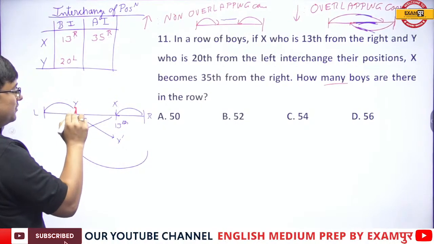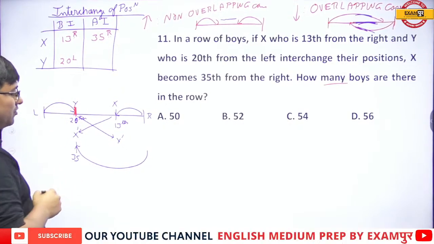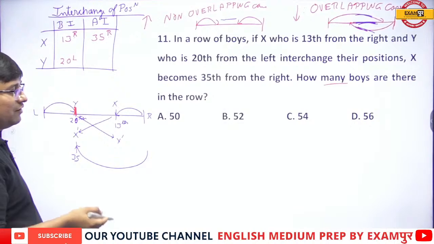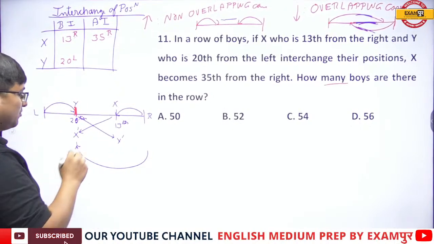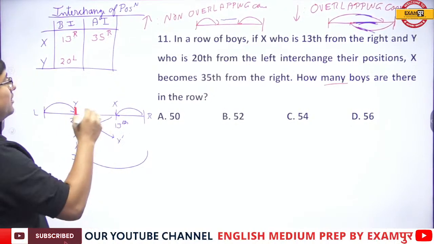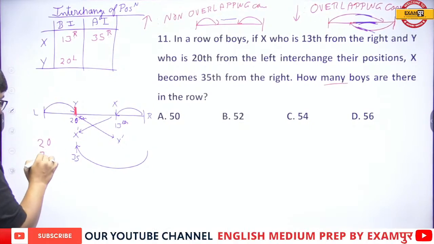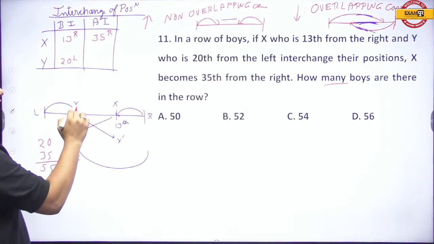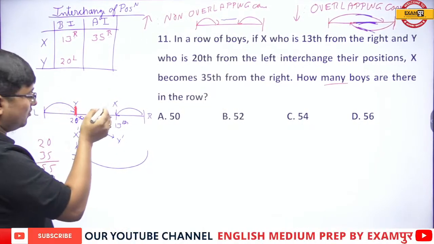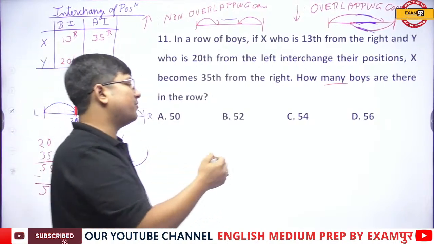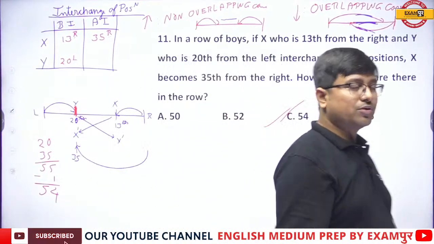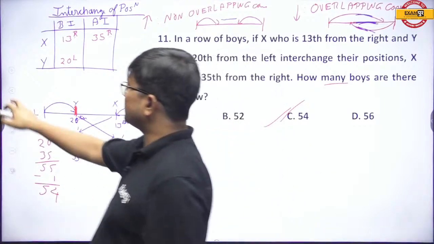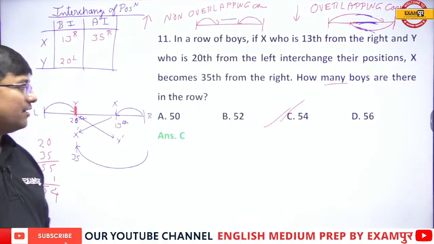The same position is 20th from the left, and the same position is 35th from the right. So just add the two positions, you get 55. But then subtract one to take care of double counting, as I cannot count one position twice. So the right answer is option C, 54.